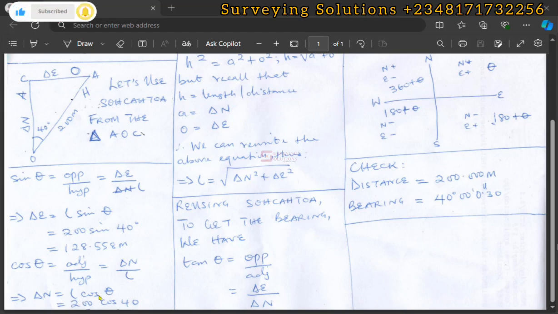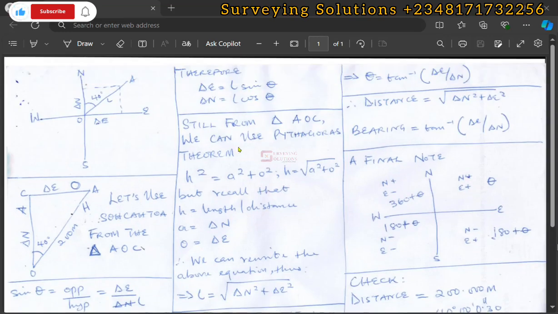So if you further simplify, there will be an answer here that you should write, because we are going to need it very soon. We have defined that our delta S is L sin theta, and our delta nothings is L cos theta. Now, still from our right angle triangle, we can use the Pythagoras theorem. That's why I say this distance formula is known, because Pythagoras theorem has been known to us from way back, right? Good.